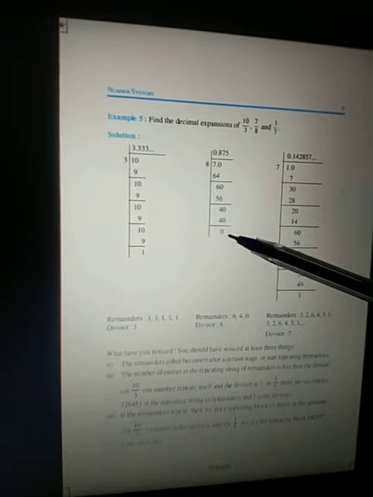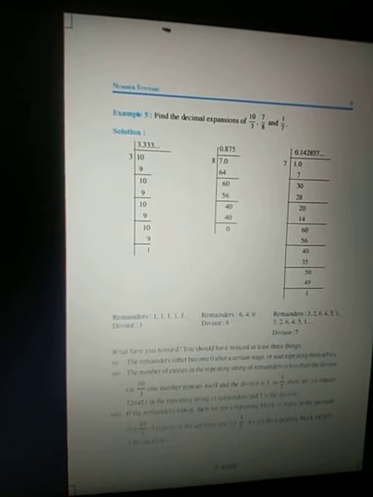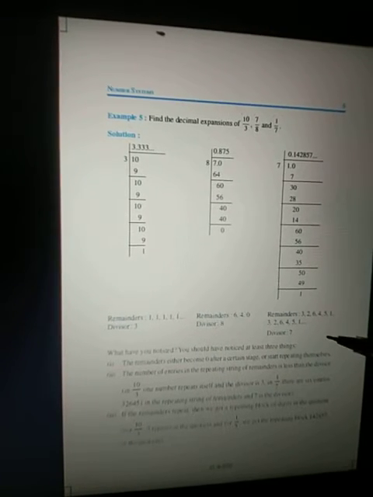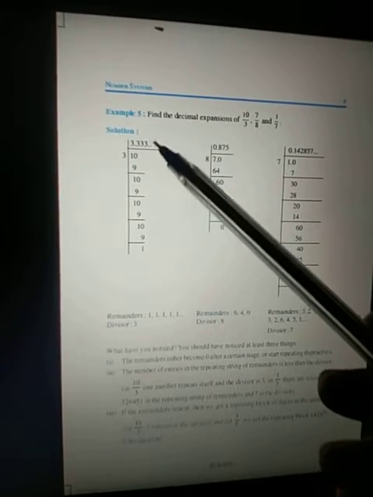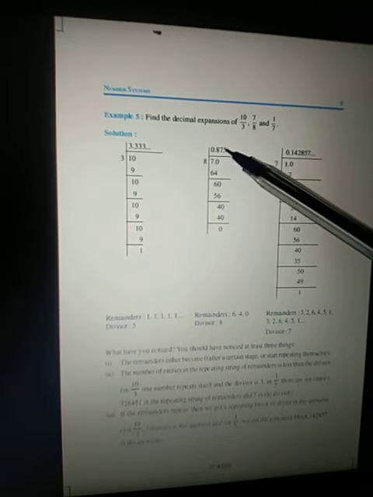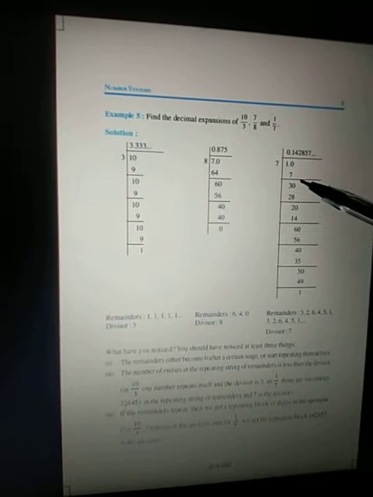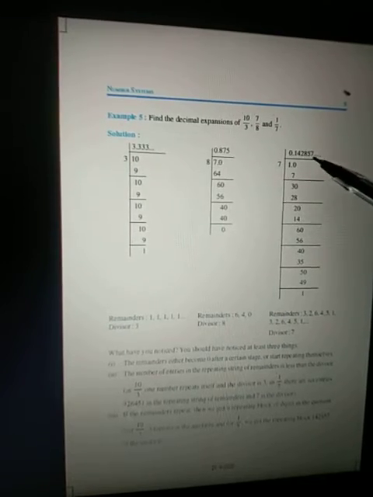But if the remainder is 0, the process stops. If we get a remainder of 1 or the other remainders, the value will continue. Here you can see 3.333 will continue, while since the remainder is 0, the other stops at 0.875. The remainders of these values keep changing, so the values also keep changing in this problem.